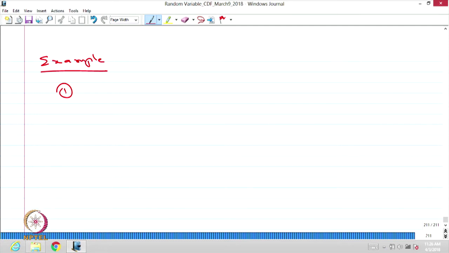Example 1. The easiest example. I use the notation E for a random experiment. Suppose you have the simplest example, tossing a coin. Tossing a coin is a random experiment.